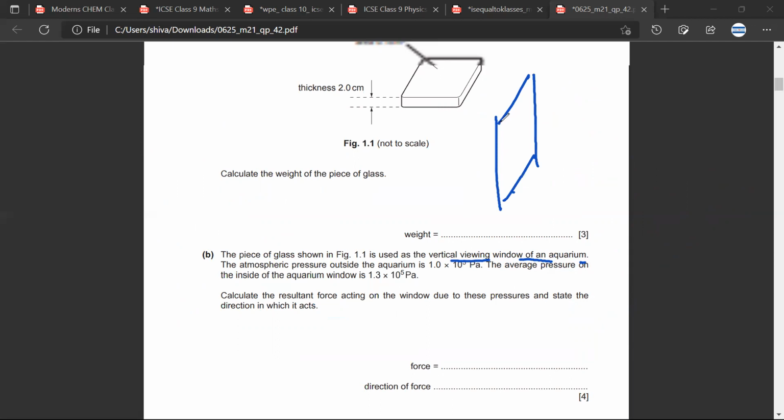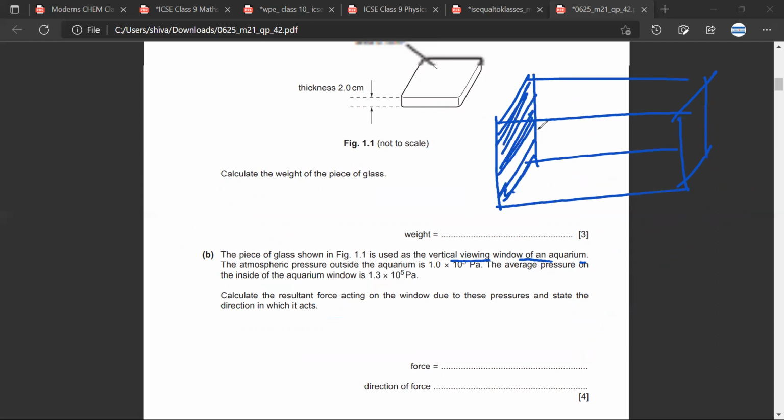So there might be an aquarium like this, and this glass is used to view the aquarium. Is it making sense, Chris? Yes, sir. Okay. So atmospheric pressure outside the aquarium. So the pressure outside is 10 raised to power 5 Pascal.